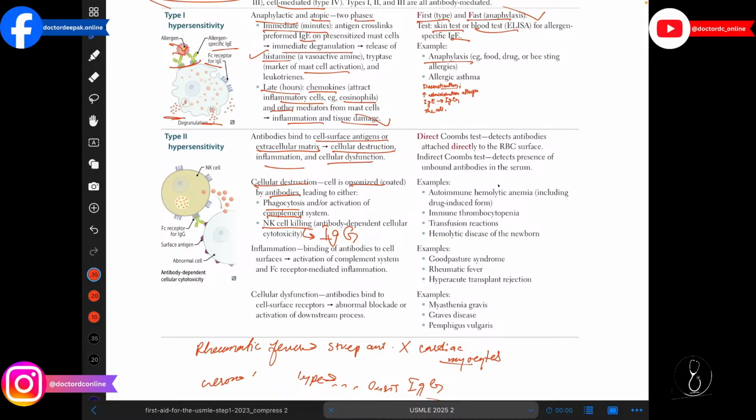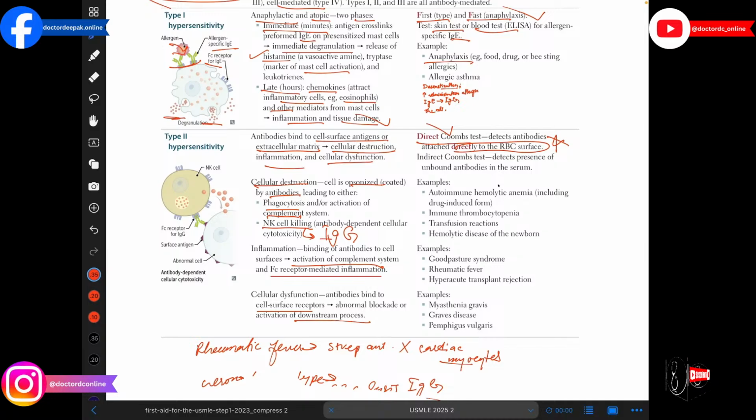For inflammation, there is binding of antibodies to the cell surface, and after this there will be activation of the complement system and Fc receptor mediated inflammation. For cellular dysfunction, the antibody binds to cell surface receptors, causing abnormal blockage or activation of downstream processes. For that, we also do the direct Coombs test that detects antibody attached directly to the RBC surface, because we already gave one example of autoimmune hemolytic anemia.